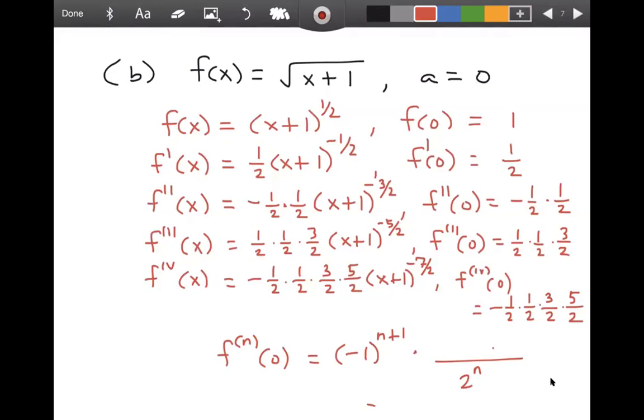So just to make sure that I have the pattern, which really starts at n equals 3. In other words, I want to see the relationship between the second derivative, where the last factor is a 1, the third derivative, where the last factor is a 3, and the fourth derivative, where the last factor is a 5.